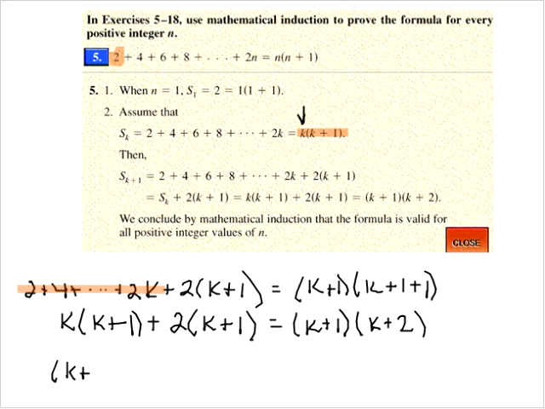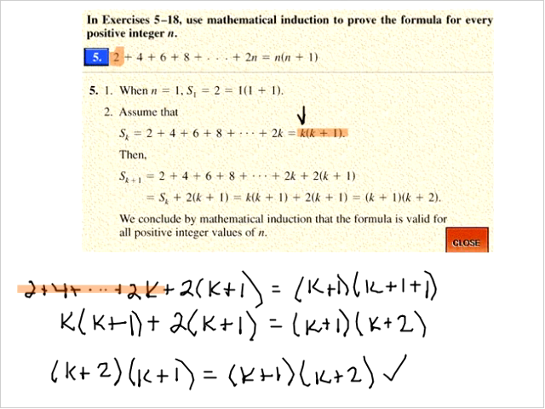So if we look at it like factor by grouping, we get that k plus 2 times k plus 1. And now we just showed that those two sides are in fact equal to each other. Okay, we got equal statements here. So mathematical induction does prove that that's a true equation up there, a true formula.